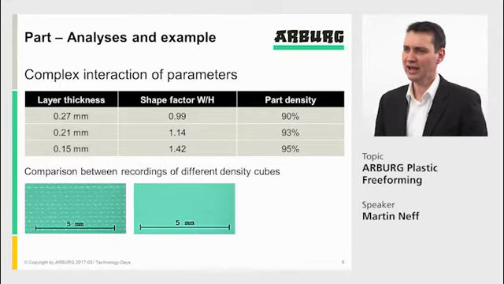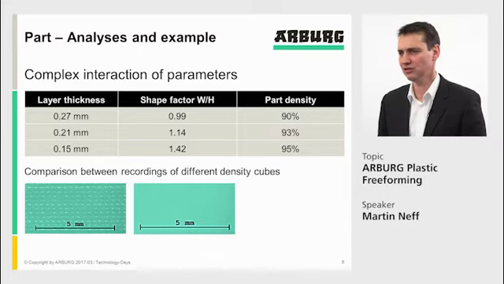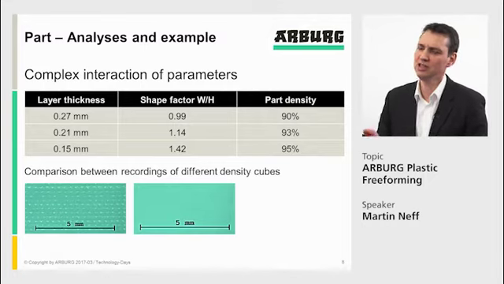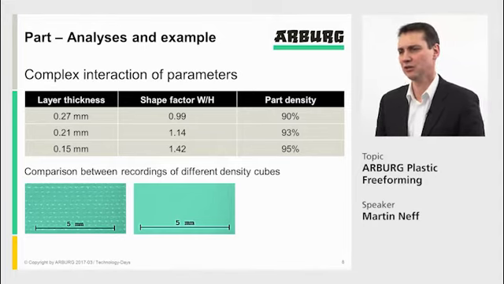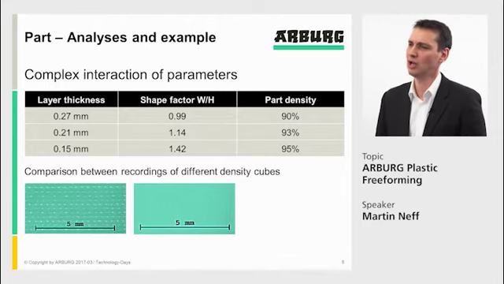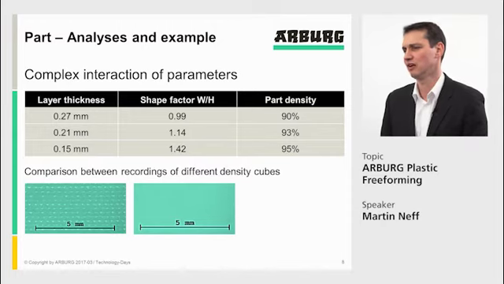So if I have a different layer thickness, I can adjust a different shape factor, and that results in different part densities. As you can see here, just some examples in this table. For example, 150 microns layer thickness and a shape factor of 1.42 gives me a part density of 95%.